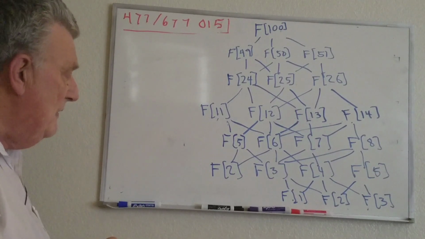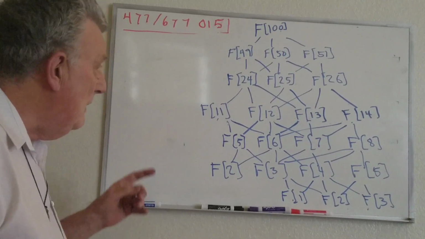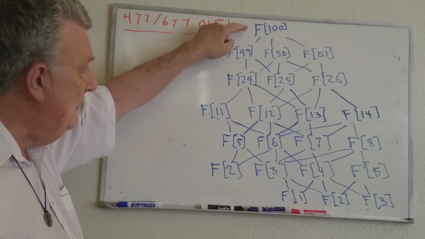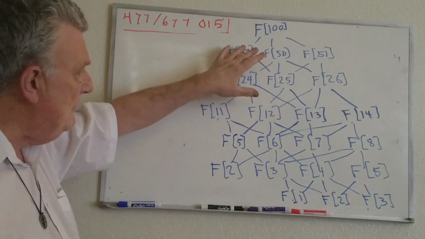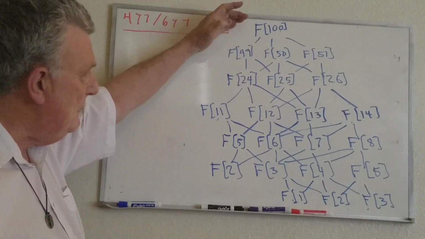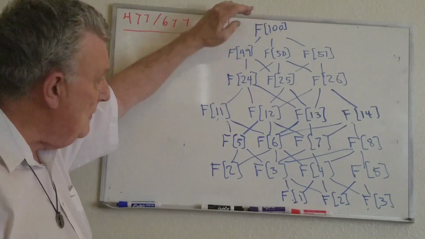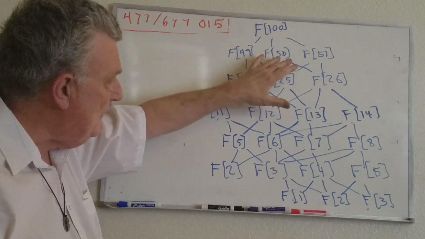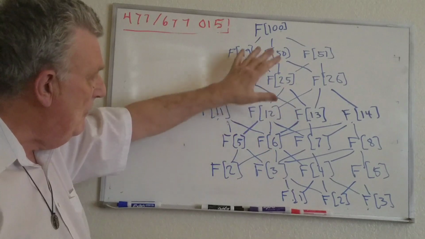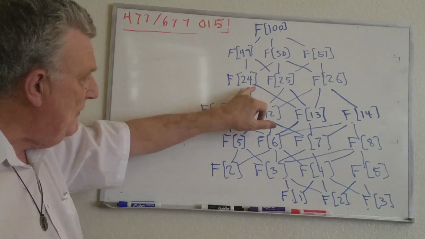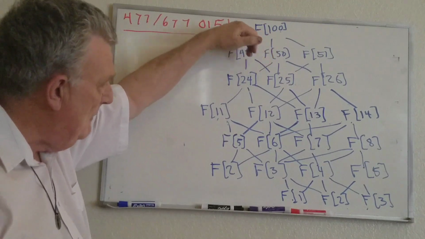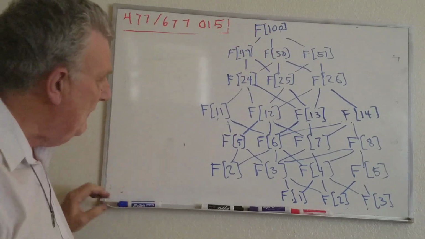Now, here is where we can draw this tree for F100. This is now a directed graph where these are drawn in topological order. F100 depends on the values of F49, 50, and 51. Well, those 3 values depend on these 3 values, 24, 25, and 26, where the line represents a dependency.